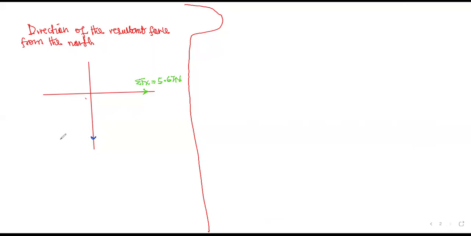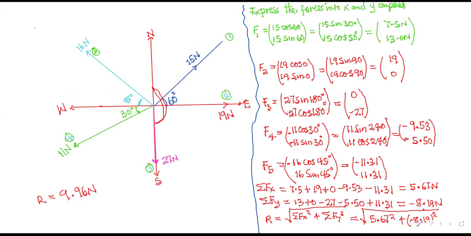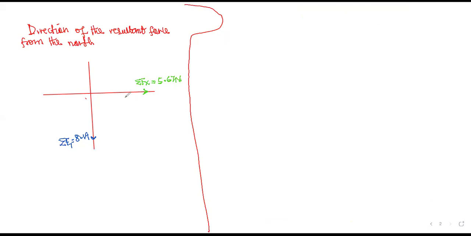Straight away, it means that your answer wouldn't be correct, because if we are measuring the direction from the north, then it must be more than your answer of 55. Obviously the resultant would act along this diagonal in this direction. So our resultant will be here.